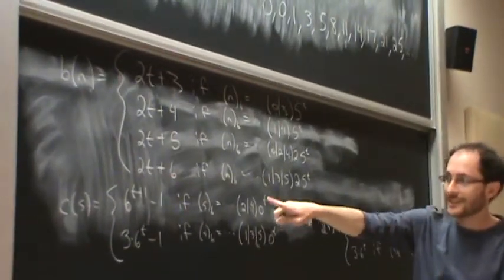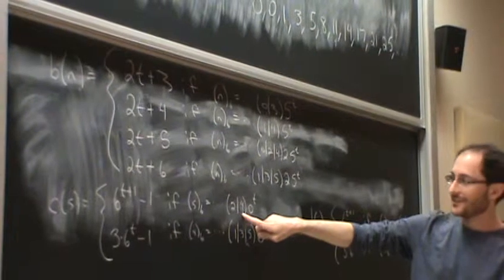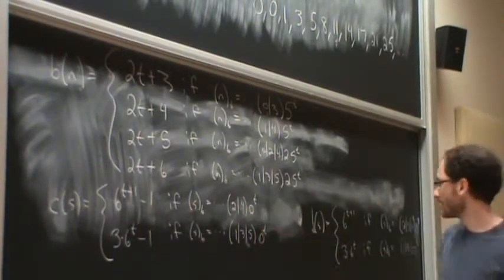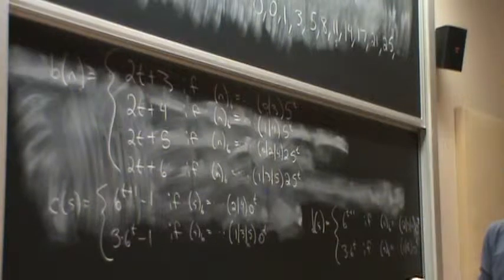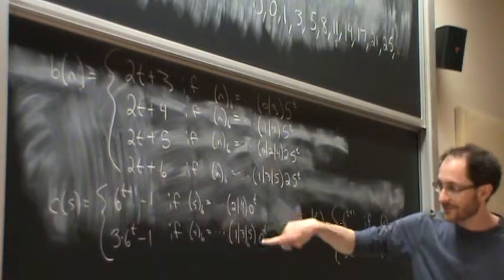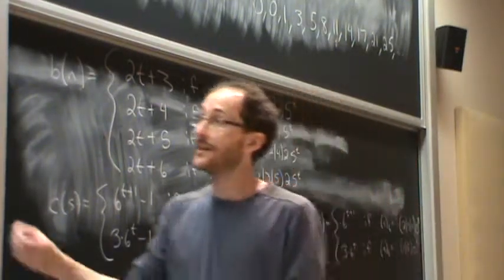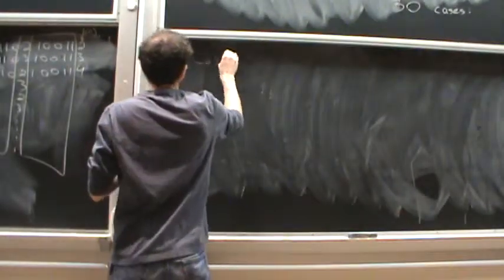So C and D depend on the last non-zero digit of S, right? Because we have a bunch of zeros, and then we have either a 1, 2, 3, 4, or 5. And same thing over here, if you can see it. So there's 30 cases, six possible values of m mod 6, and then 5 different values for the last non-zero digit of S. And so let's just write out case 1.